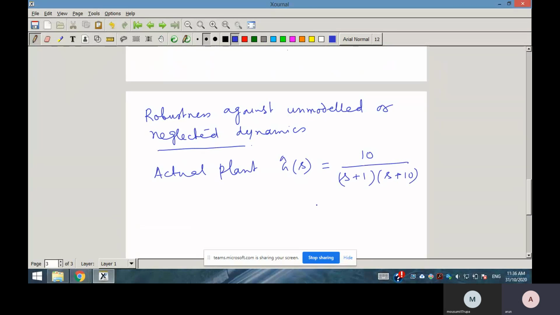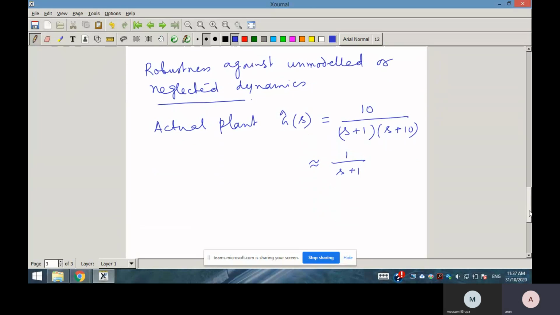So using the dominant pole approximation concept, you can approximate G hat as 1 over s plus 1, because the pole at s equal to -10 is far away from s equal to -1. So you can approximate G hat(s) to a first order system. The second order transfer function you can approximate to first order.